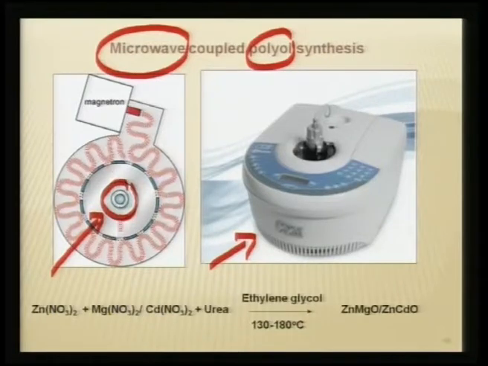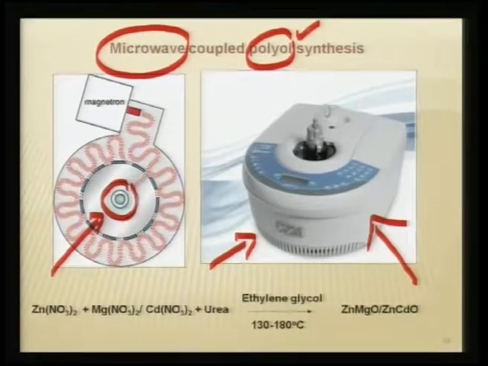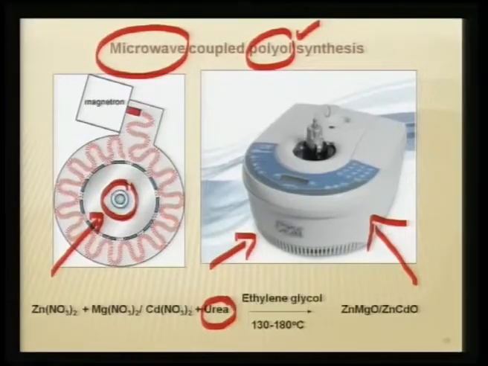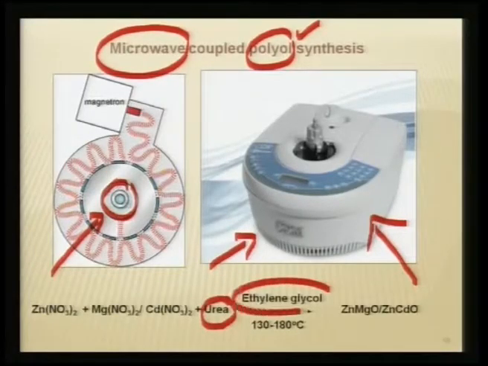This is a commercial microwave unit which can help us with this sort of synthesis, and we are also using polyol. The polyol method is nothing but taking a metal salt, then urea, which is a base, and then ethylene glycol, which is both a hydrolyzing agent as well as a polyol solvent.